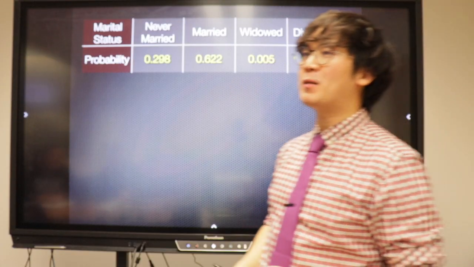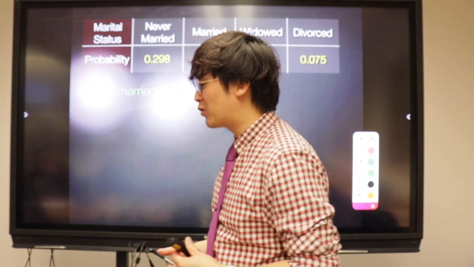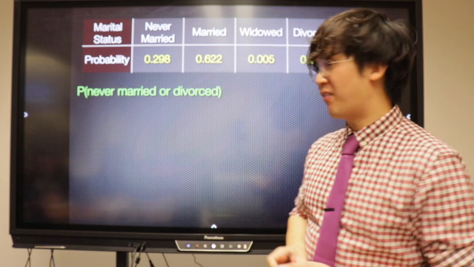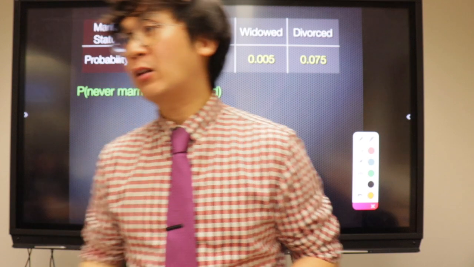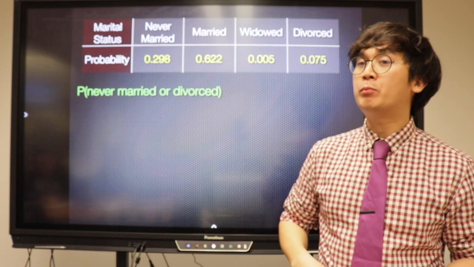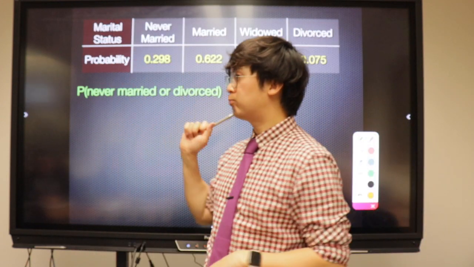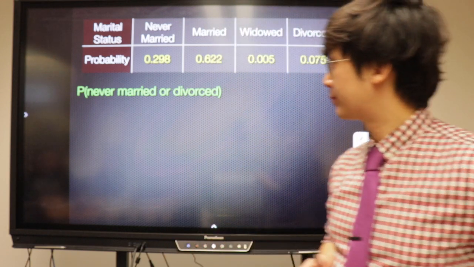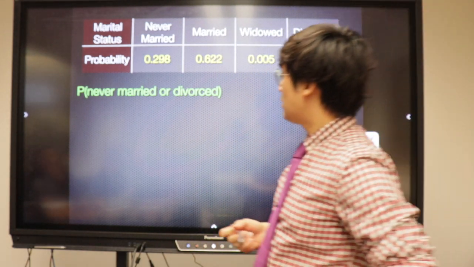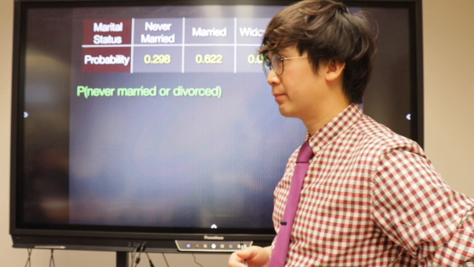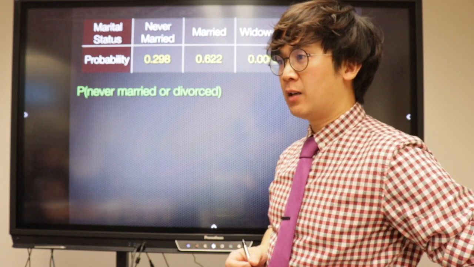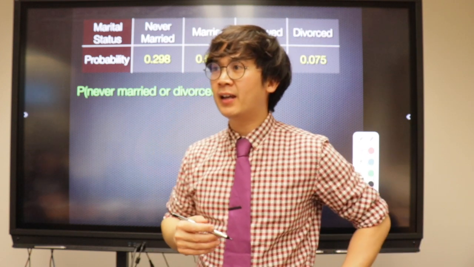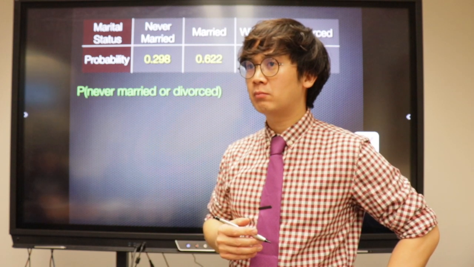Alright, same probability model, but this time I want you to compute for a person that's never married or divorced. What's the probability that we're going to be selecting that particular person in this question? How do you write it with the notation, like the U and the intersection symbol?